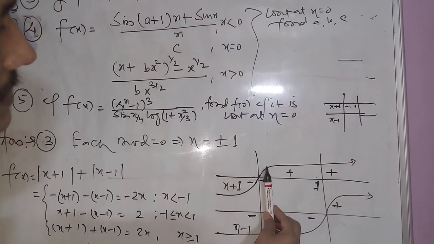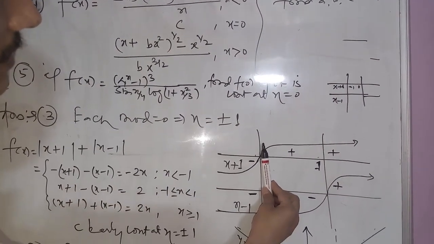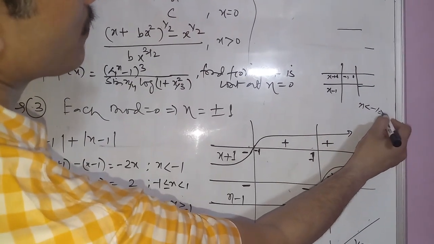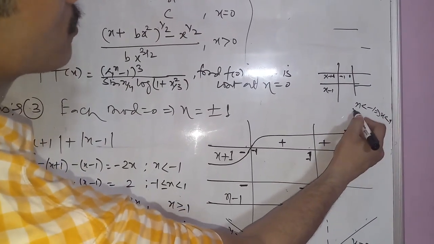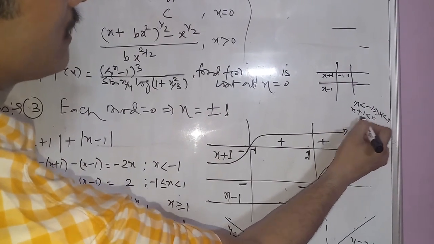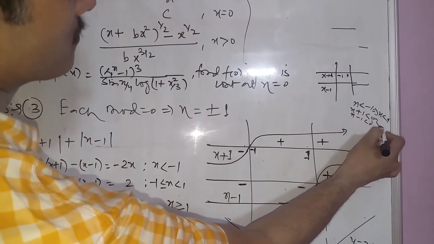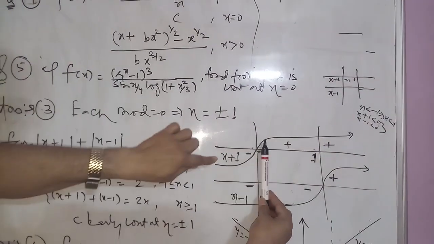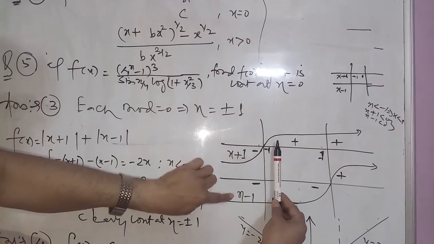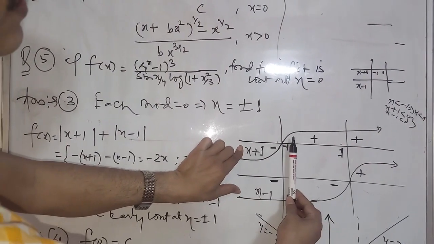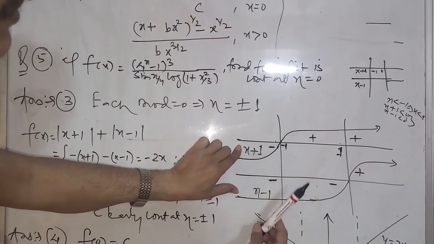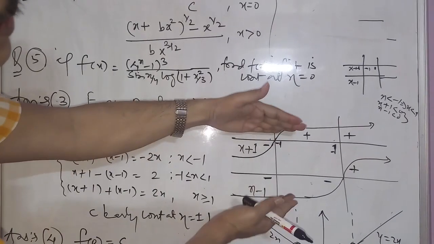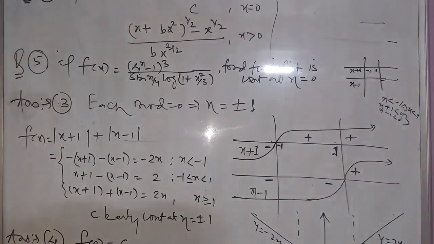Take case when x less than minus 1. When x less than minus 1, this implies x less than 1 also. So x plus 1 less than 0 and x minus 1 less than 0. We write sign of x minus 1 and x plus 1. For this region, both are negative. We write sign of expression below horizontal line.